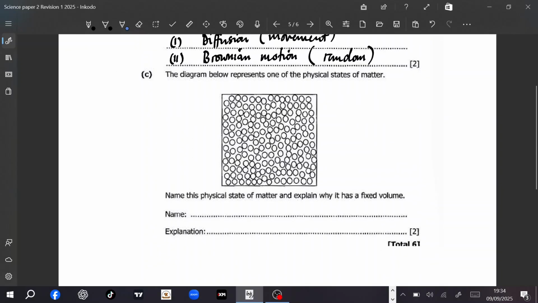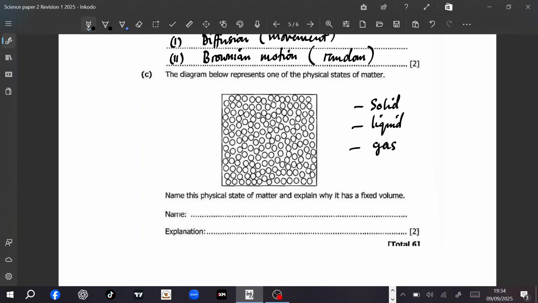Then we move to C. They're saying the diagram below represents one of the physical states of matter, which in this case we are still talking of solid, liquid, and gas.